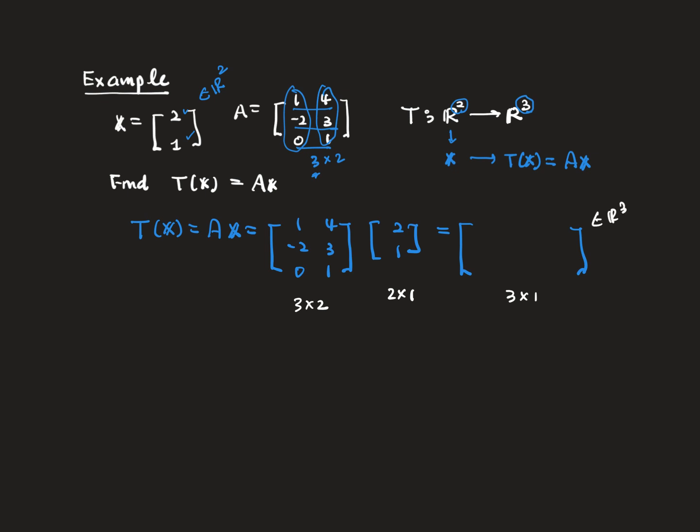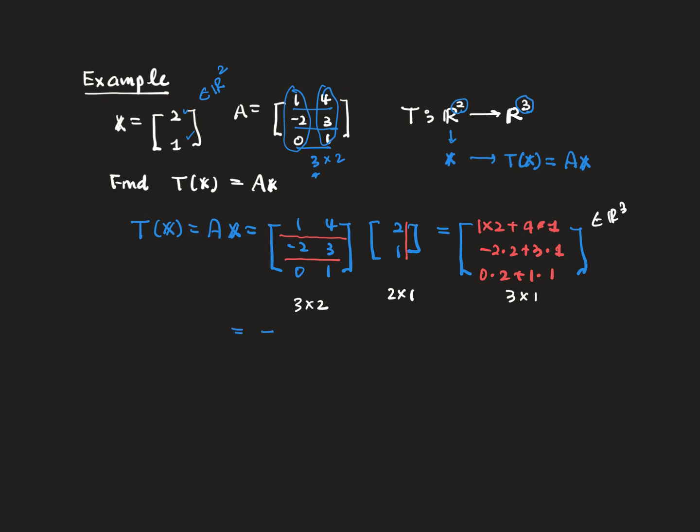Okay, let's do it. The first one is the first row times 2 and 1. So 1 times 2 plus 4 times 1. Second, negative 2 times 2 plus 3 times 1. Third, 0 times 2 plus 1 times 1. That's how to find the image of the x vector under the transformation.